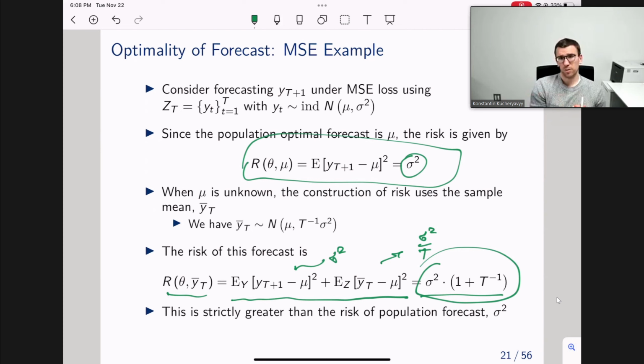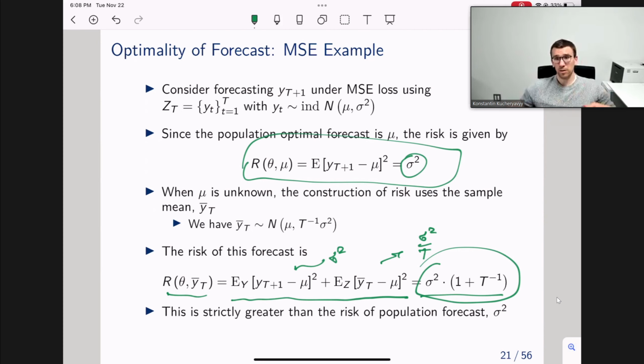Your optimal forecast will be mu if you know it. If you don't know it, your optimal forecast will be the average value. And so that's all. You don't need to know the sigma squared, the variance, to calculate your optimal forecast.